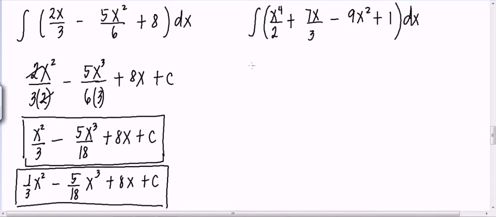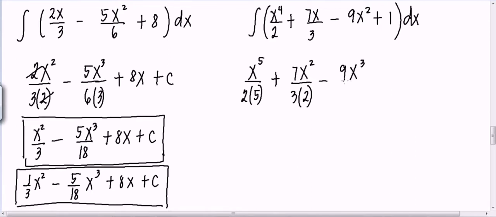So again, the x raised to 4 becomes x raised to 5 over, the 2 there I now multiply by 5. Plus 7x becomes 7x squared, because 1 plus 1, over 3, it's still there, I now multiply it by 2. Minus 9x squared becomes 9x cubed over 3. And the integral of 1 is x. So plus x plus c.